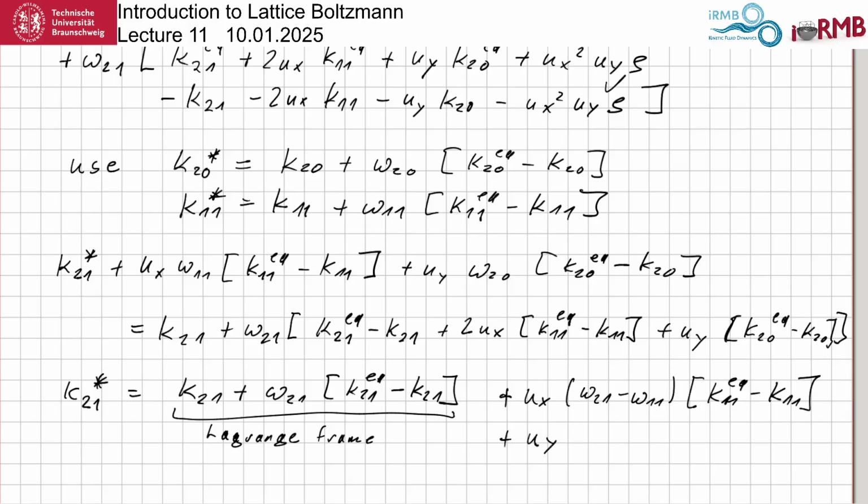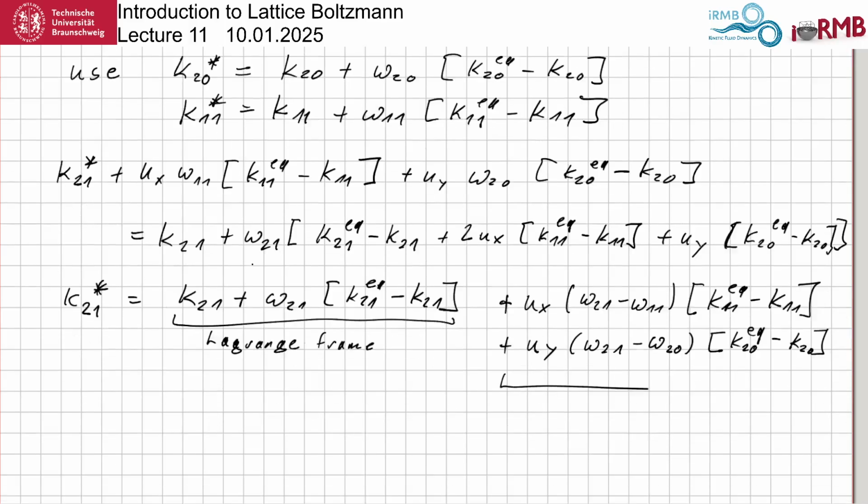Plus uy times omega 21 minus omega 20 times K20 equilibrium minus K20. You see that K20 equilibrium is not 0. And all of this is incorrect. It's in violation of Galilean invariance.